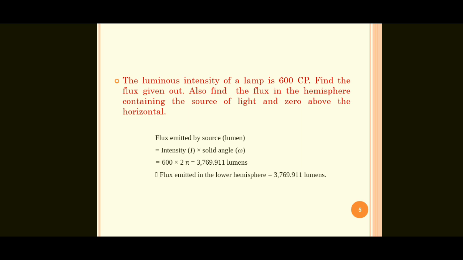So find the flux given out. First we have to write down the given data. Intensity is equal to 600 candle power.